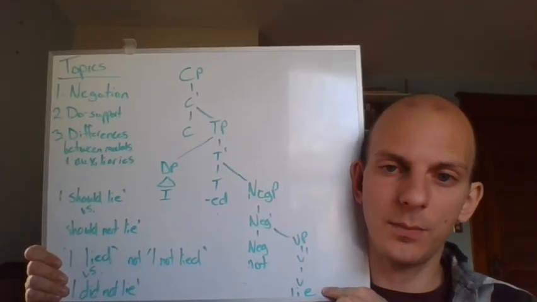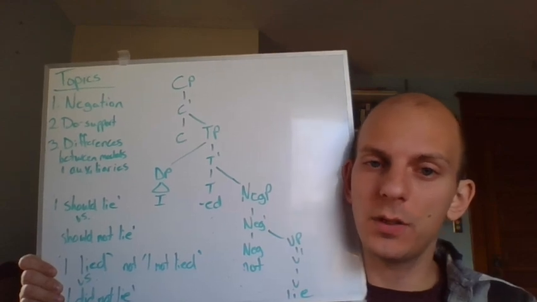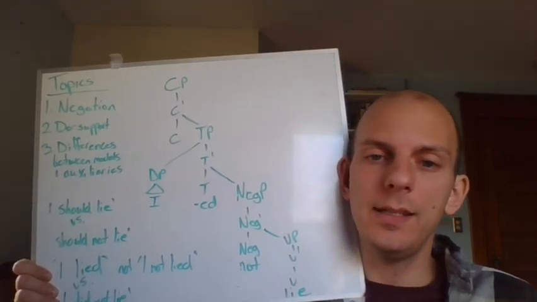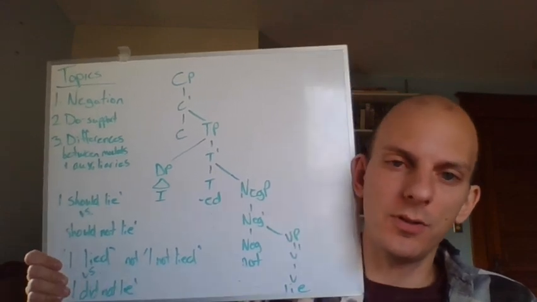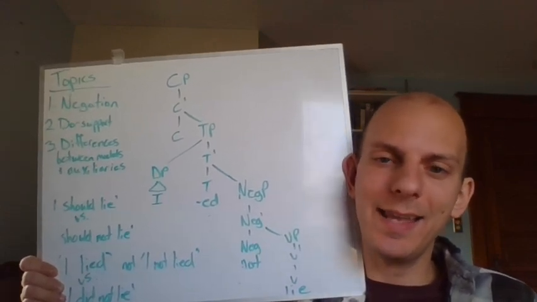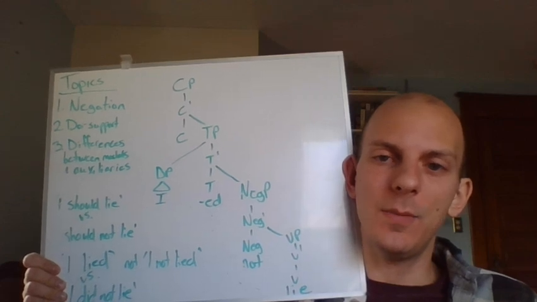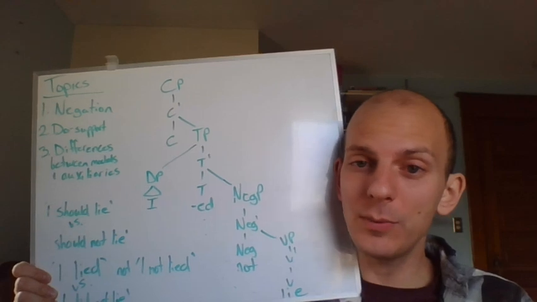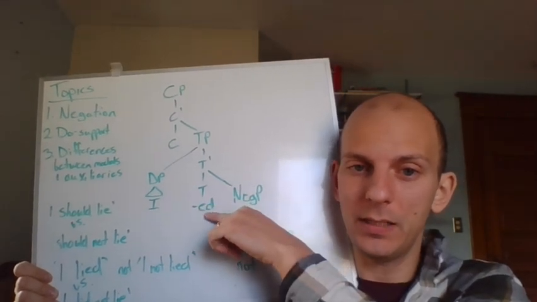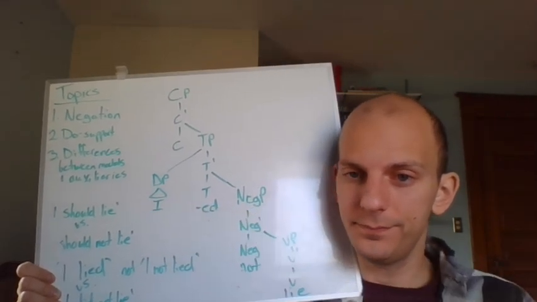Now it can't do that anymore, so we need to do something else. And here, our grammatical emergency powers kick in, and we add in this dummy, expletive do. Where do we add it in? Right where we need it, in T.